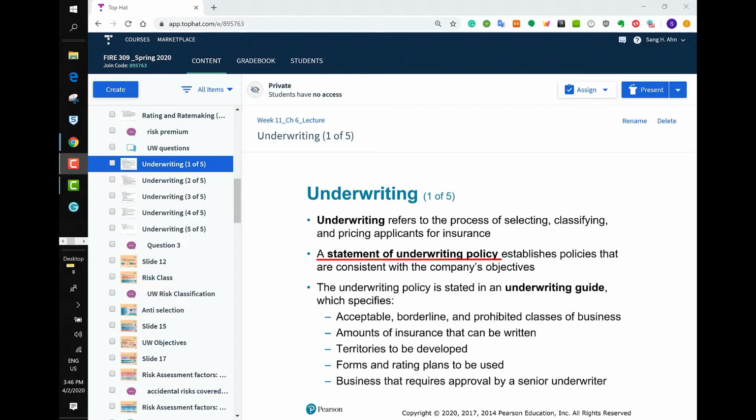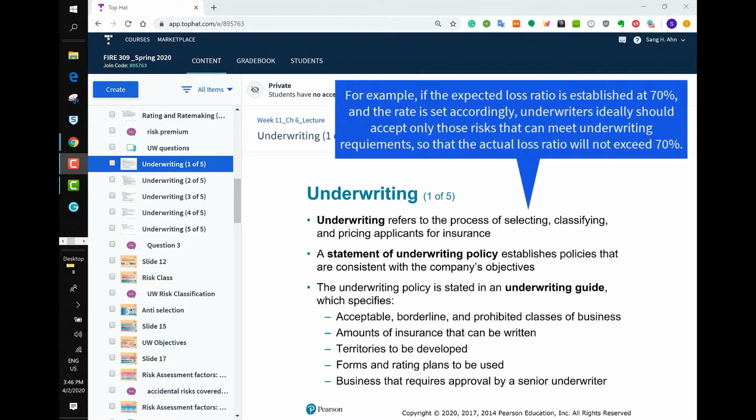A statement of underwriting policy establishes policies that are consistent with the company's objectives. For example, if the expected loss ratio is established at 70% and the rate is set accordingly, underwriters should accept only those risks that can meet the underwriting requirement so that the actual loss ratio will not exceed 70%.